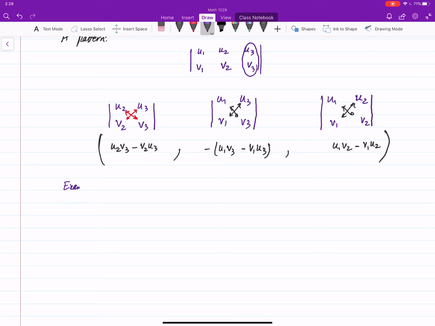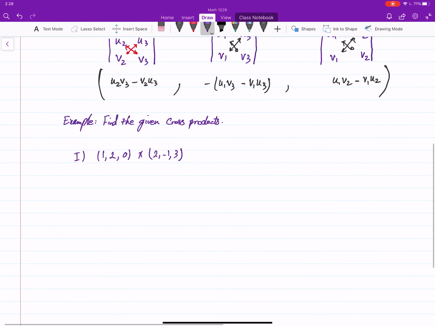Example: find the given cross products. The first one is (1, 2, 0) cross (2, negative 1, 3).